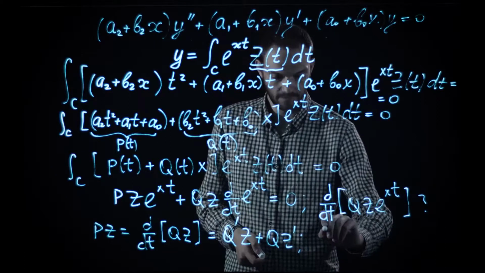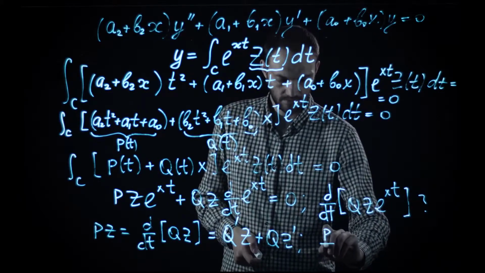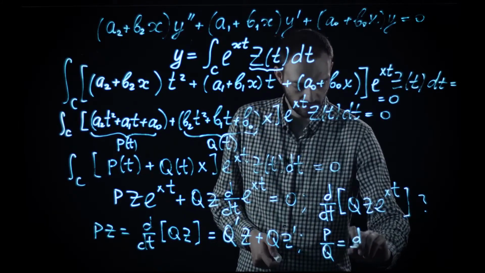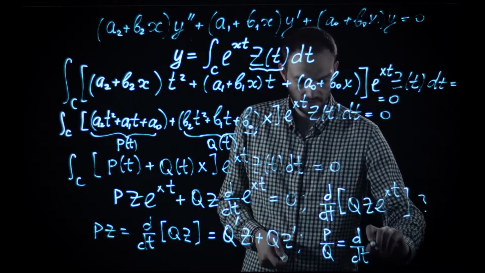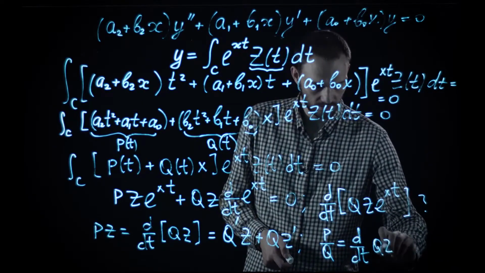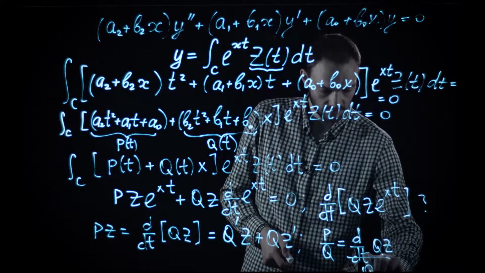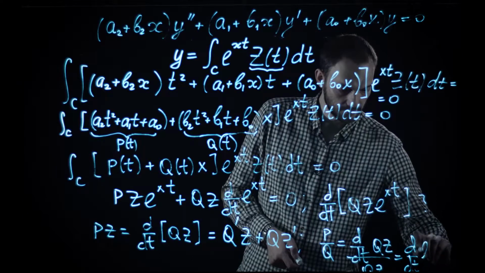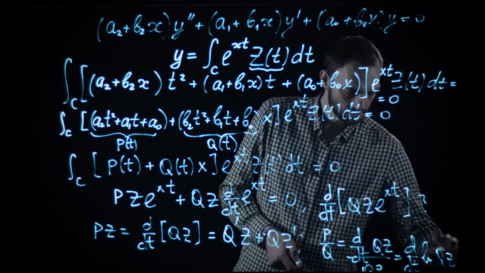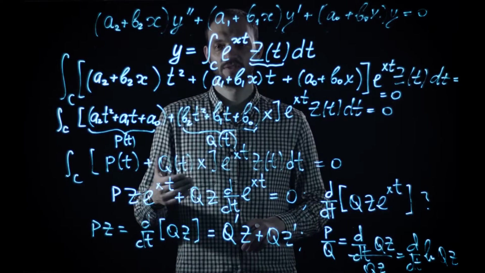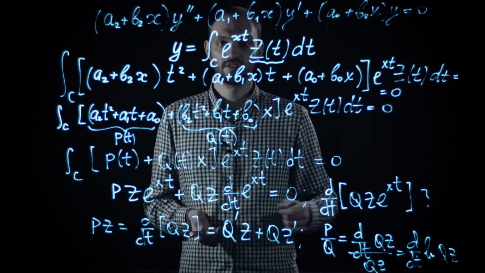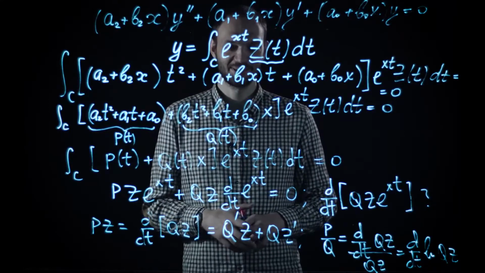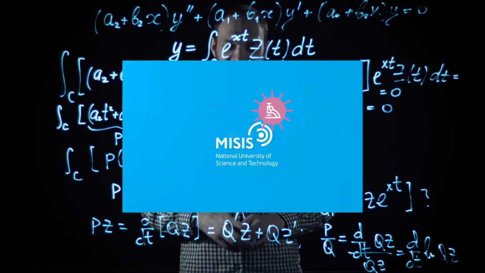As a result, we have p over q equal to d over dt of qz divided by qz, which is just the derivative of log of qz. With this, we have already almost achieved our final goal, and this equation is easy to integrate, but apparently there is no room on this slide, so let's go on with a clear blackboard.